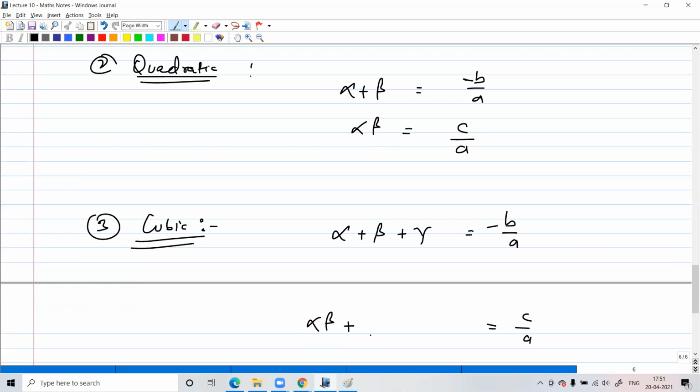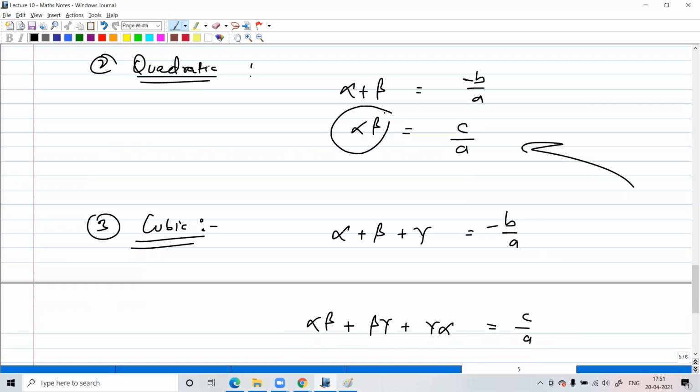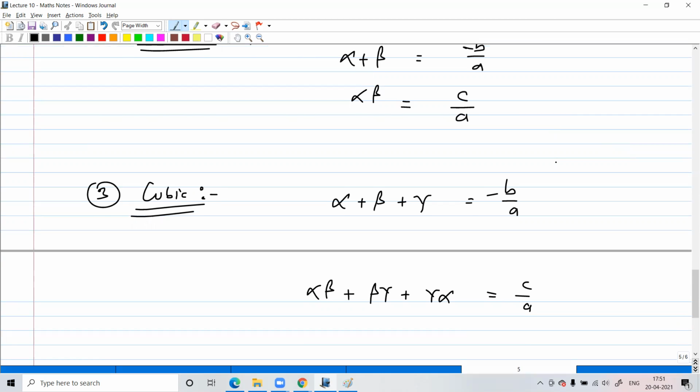So alpha into beta, beta into gamma, and gamma into alpha. When you take the product of them two at a time and then add them up together, that is what becomes your C by A. The same thing happened in the quadratic also, but luckily there were only two zeros, so there was nothing else to add. That's why alpha into beta became C by A. Does it make sense?